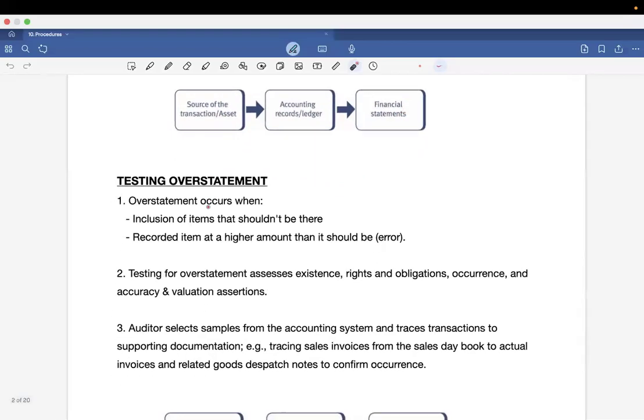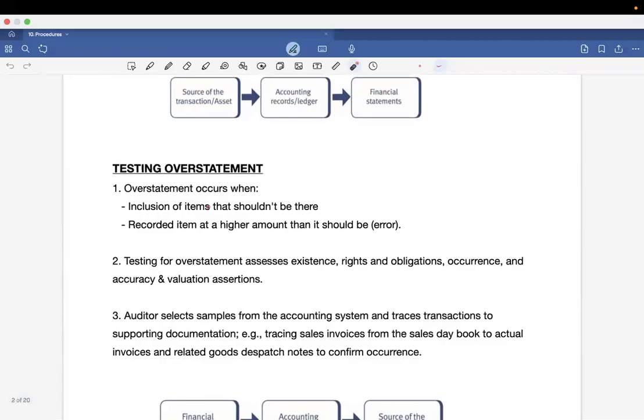Clear? So when it is an overstatement, it could be that there are some invoices which shouldn't be there and you have recorded them, or you have recorded it at a higher value than it was. Maybe a transaction of 2000 was recorded as 5000. Clear?